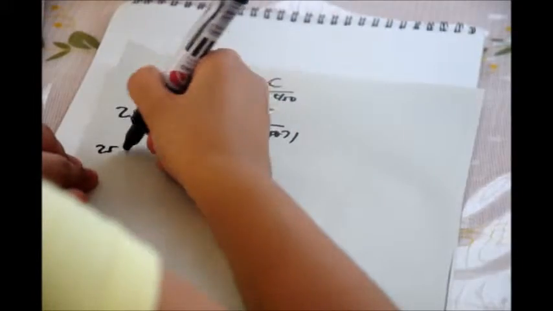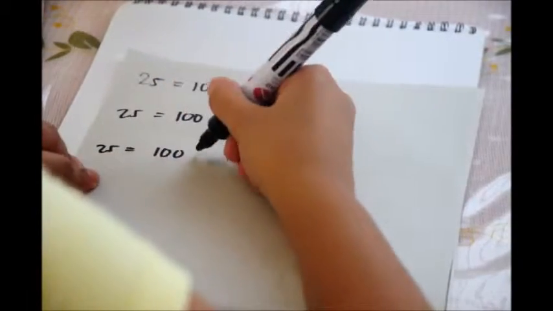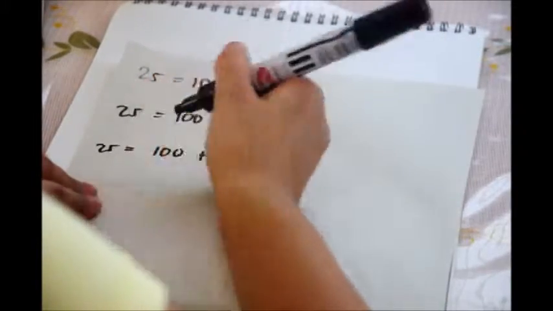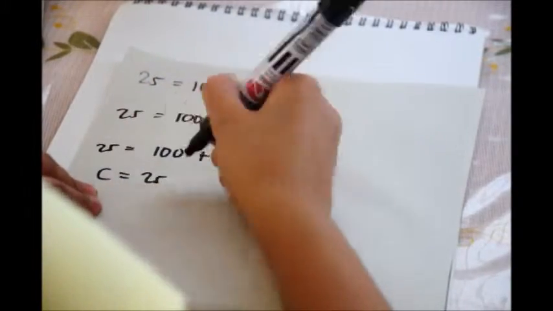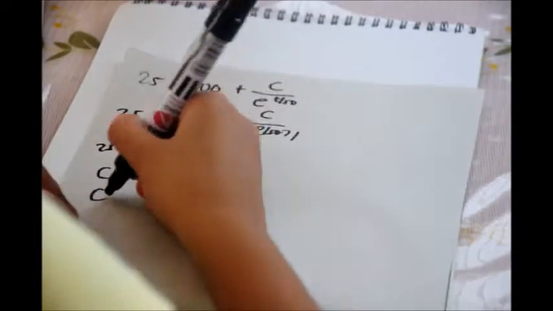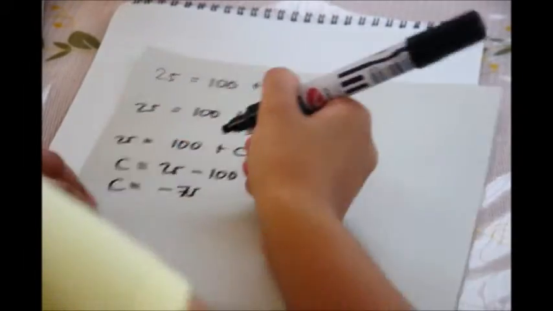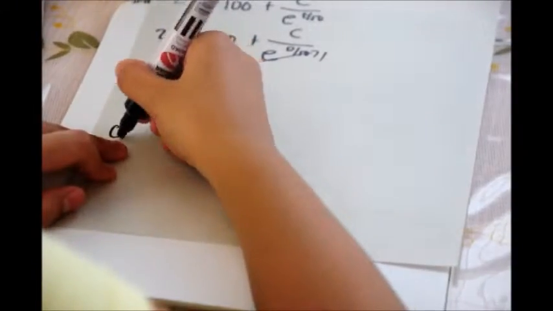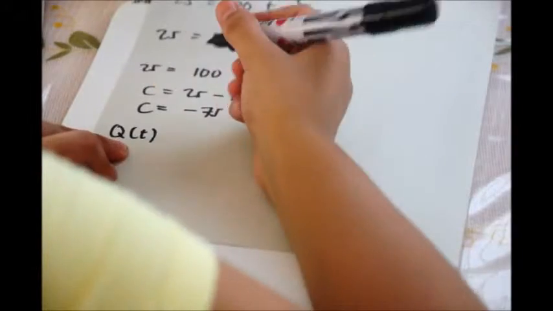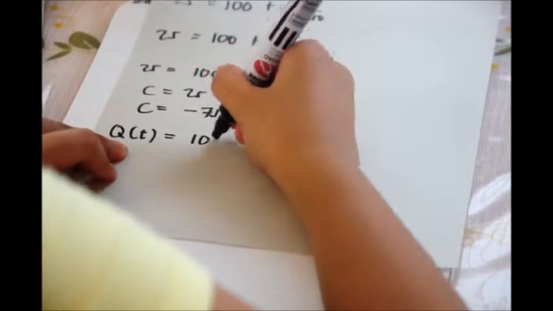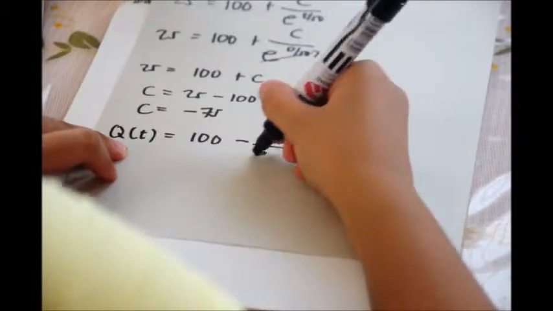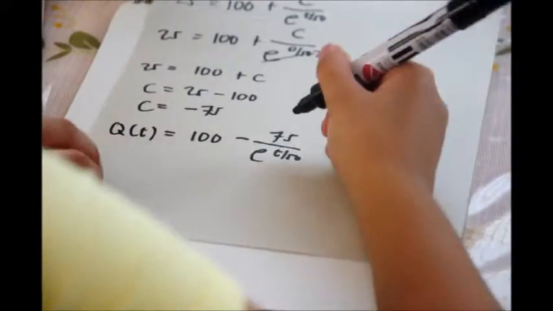So 25 is equal to 100 plus C. So C is equal to 25 minus 100, so C is equal to negative 75. So let's substitute it now to the working equation. So Q of t is equal to 100 minus, let's carry the sign, 75 over e to the t over 50.